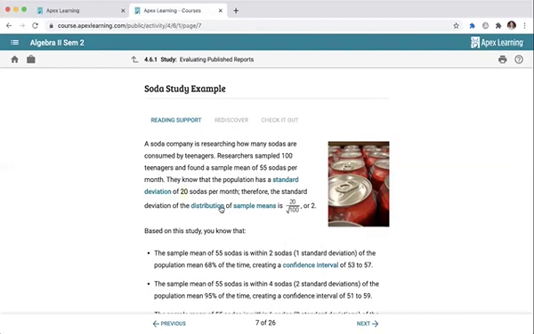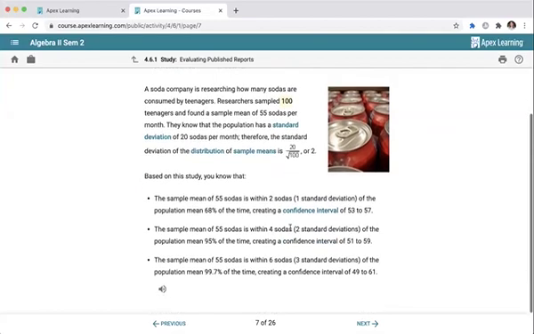And so when they did the standard deviation of the distribution of sample means, big words, you can calculate that as 20 over square root of 100, because it's the standard deviation of sodas over the square root of the people sampled. So that's 2.